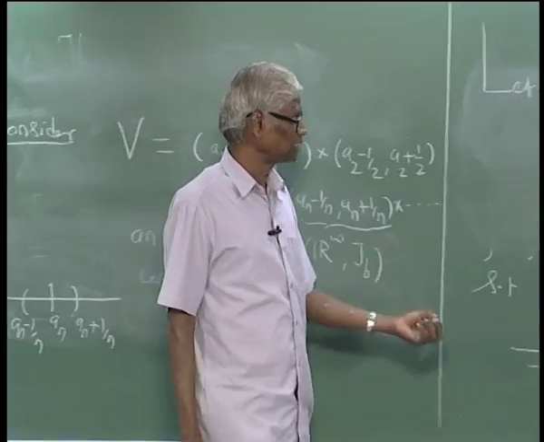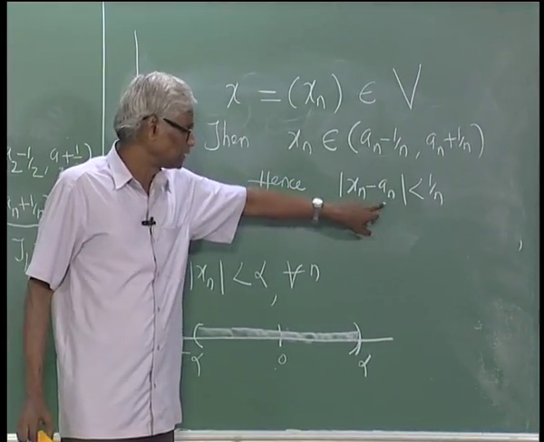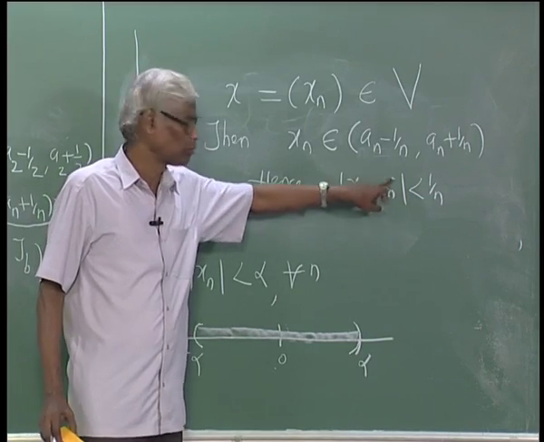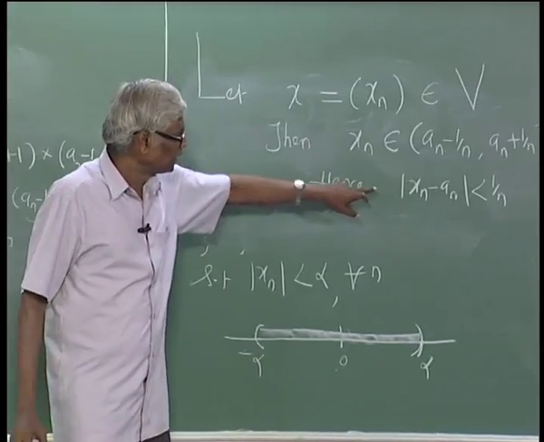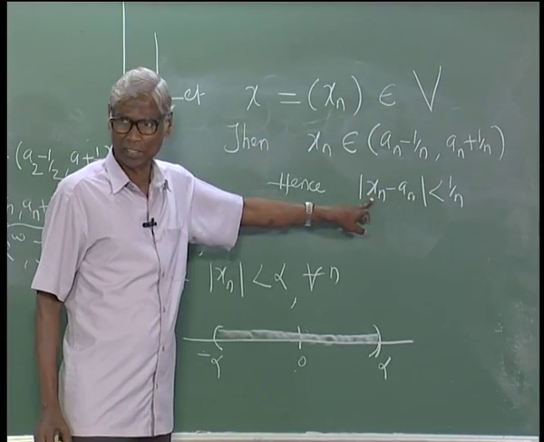So, we will use this idea to prove that if we assume that a_n is a bounded sequence, then every element in V is also a bounded sequence.